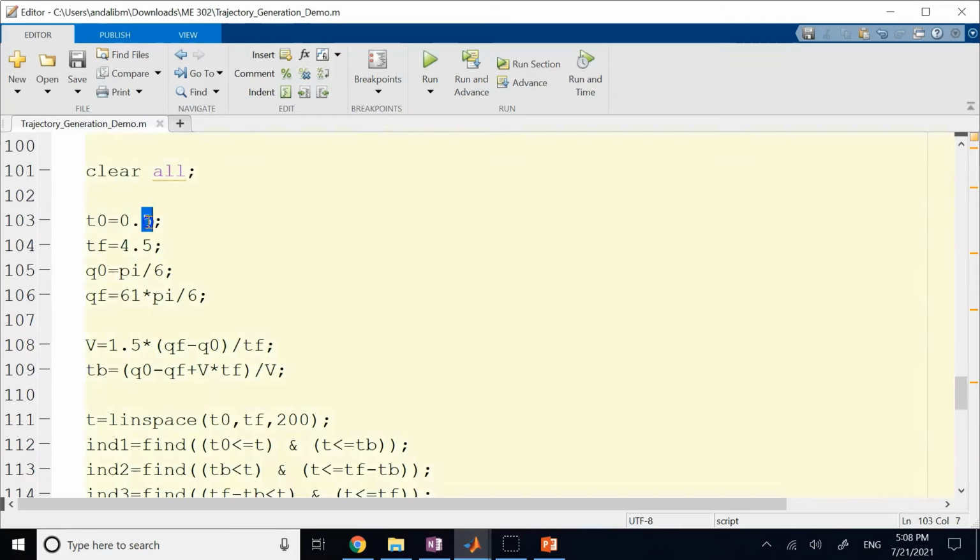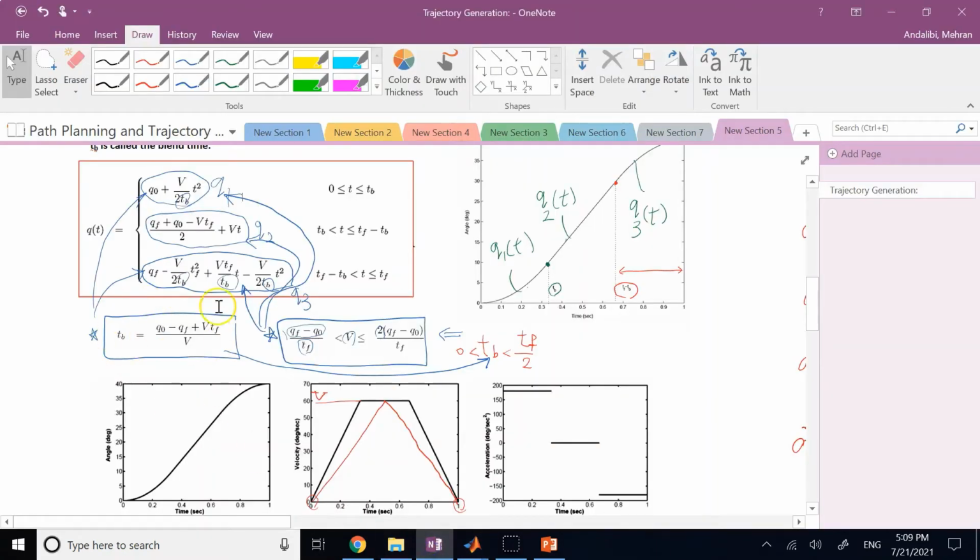If you can see here, I have some initial time. You can choose it to be 0 if you want. I have some final time. I have some initial Q, some final Q. Here you see my V. I have chosen it between 1 and 2. I chose it to be 1.5 times delta Q over delta T. T of B is calculated based on the formula you just saw here.